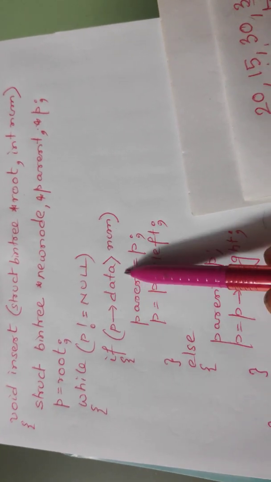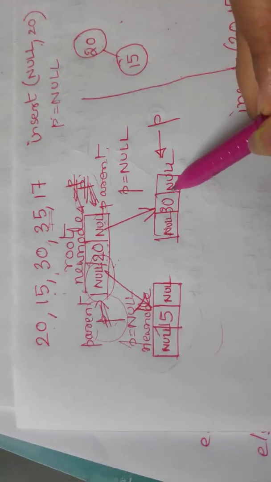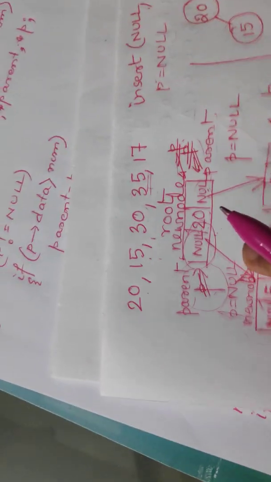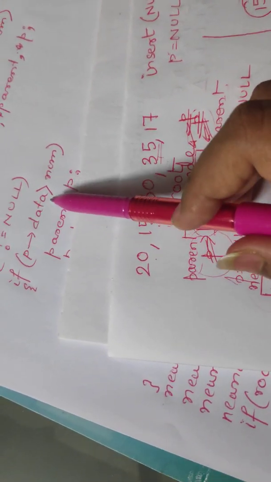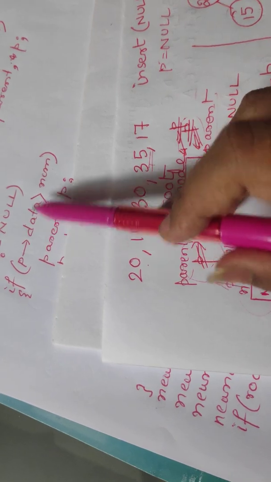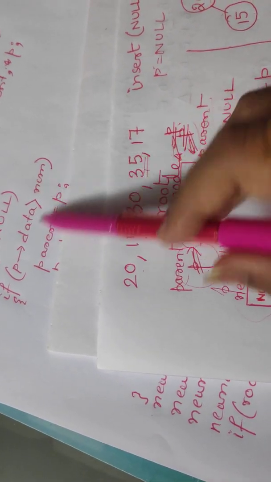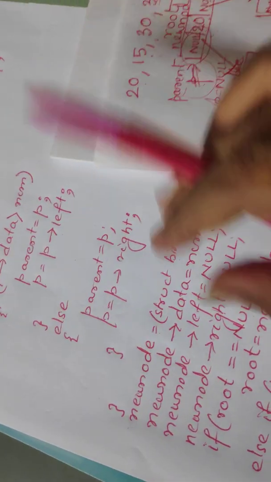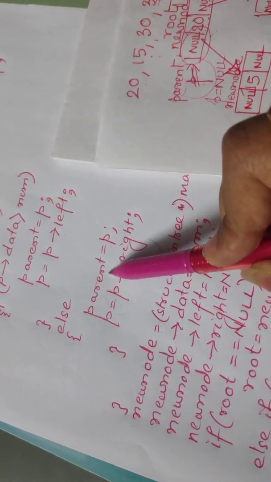If p data is greater than num, now what is p data? P is pointing at this node 30. So p data is 30. Greater than num, that is 35, is false. 30 greater than 35 is false. So we will come to the else part.